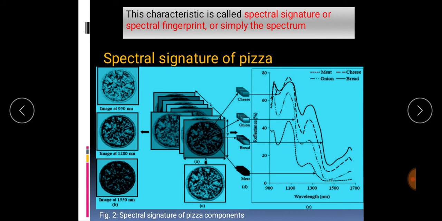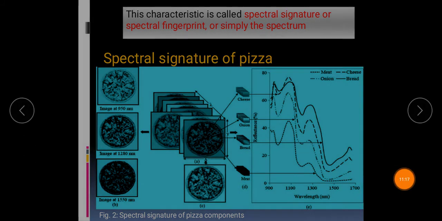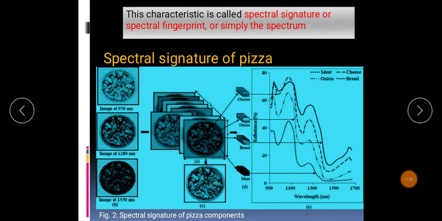What will happen? The spectrum will not equal this library. This is the library. When there is a magnet or any other material, that material will have a different spectrum, and based upon that the machine can recognize any deviations, and then it will tell the system to remove that wrong pizza.